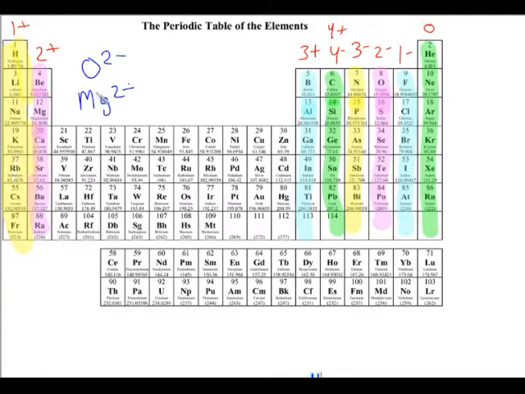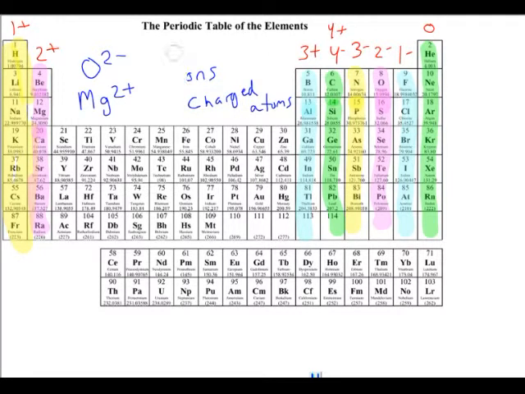Whenever they gain or lose electrons, they're no longer neutral atoms, but instead they are called ions. Ions are charged atoms, atoms with a charge. Ions are usually happy, stable atoms that have lost or gained electrons so that they are like noble gases.